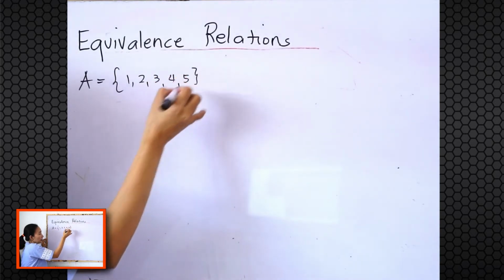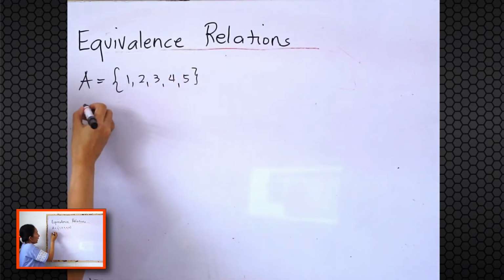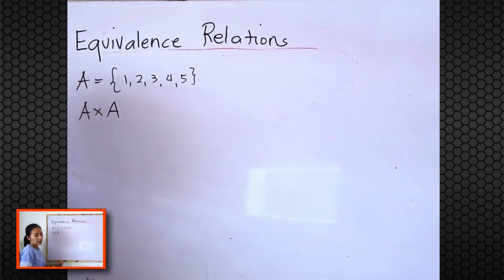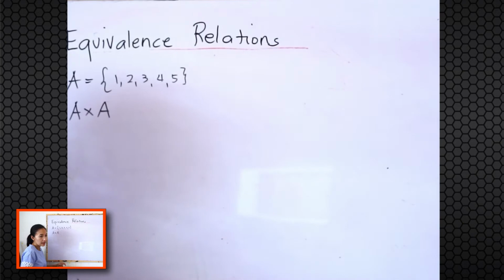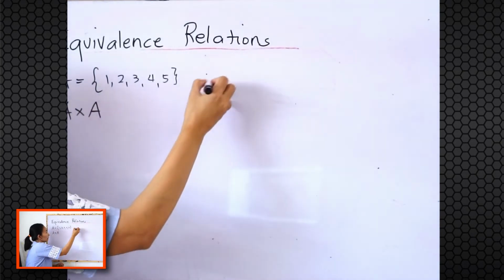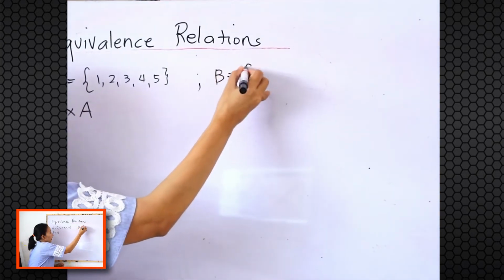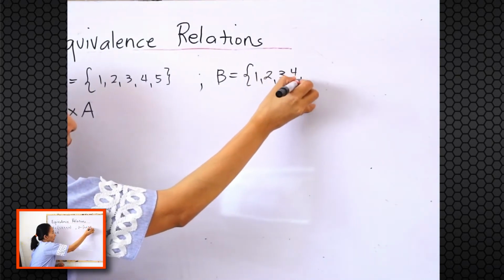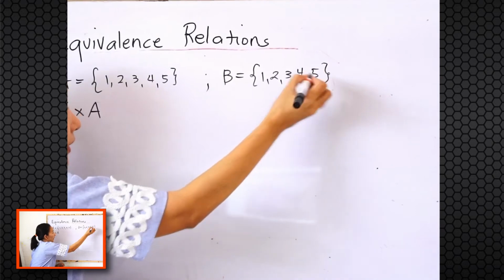Your set A consists of the elements 1, 2, 3, 4, 5. In fact, A and B are equal, so we can even have it as A cross A. B is also the set consisting of the elements 1, 2, 3, 4, and 5.